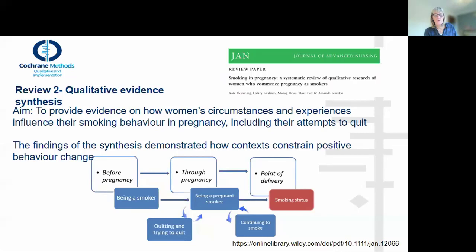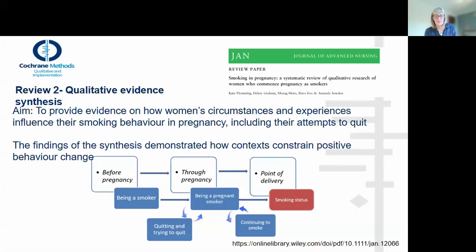And just to illustrate one really key finding: one of the key findings of the effectiveness review was that the interventions to support women to quit smoking tended to work through pregnancy, but then there was relapse as somebody gave birth and went back to smoking. They called that a relapse.